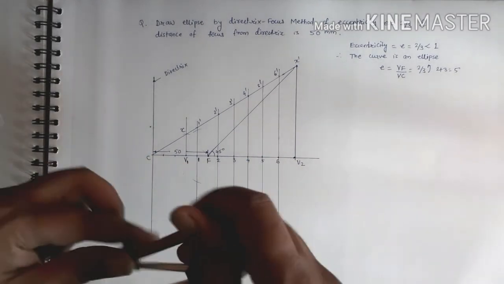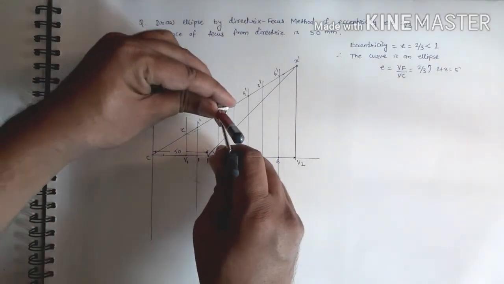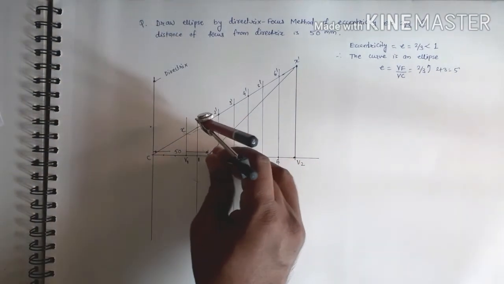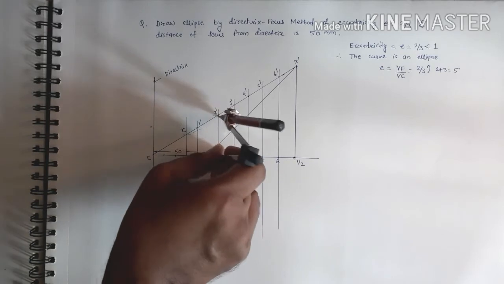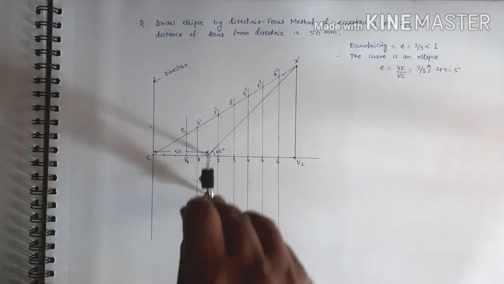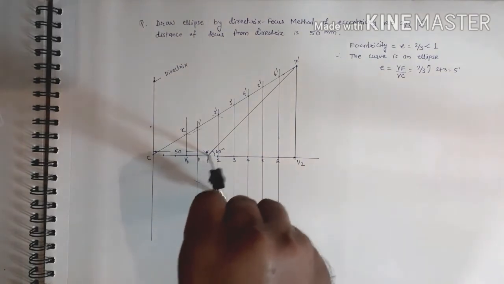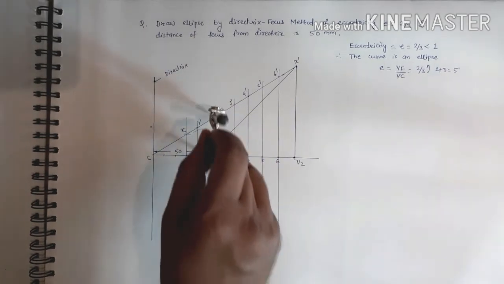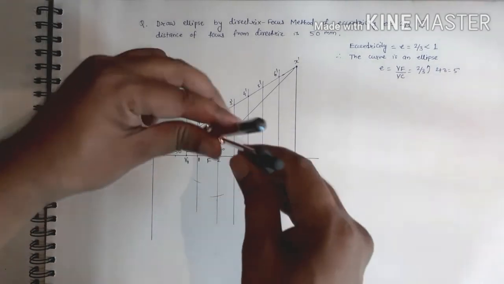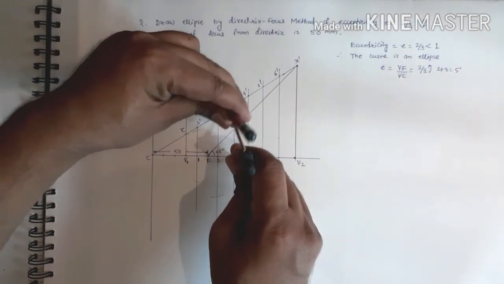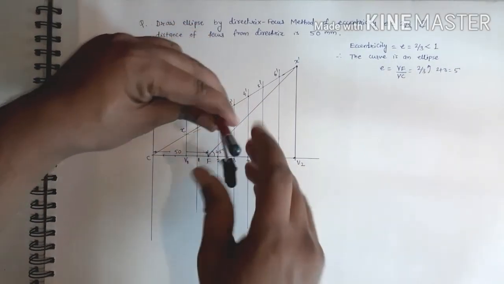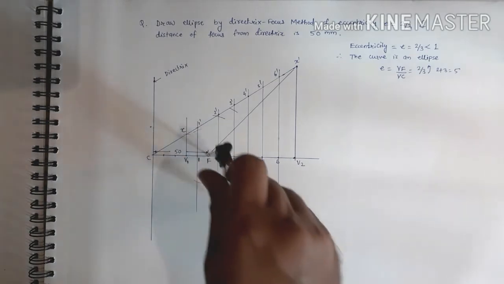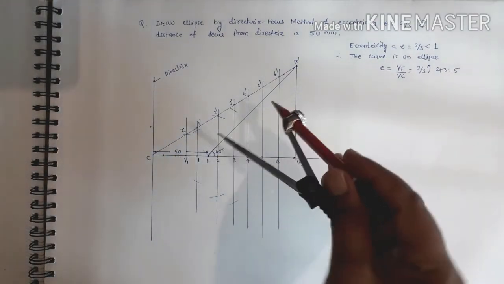Similarly, take the distance 2 2 dash, put on F and mark on top side and bottom side. Similarly 3 3 dash, put on the focus point and mark on the top side of the line and bottom side of the line. So these are the points on the ellipse.